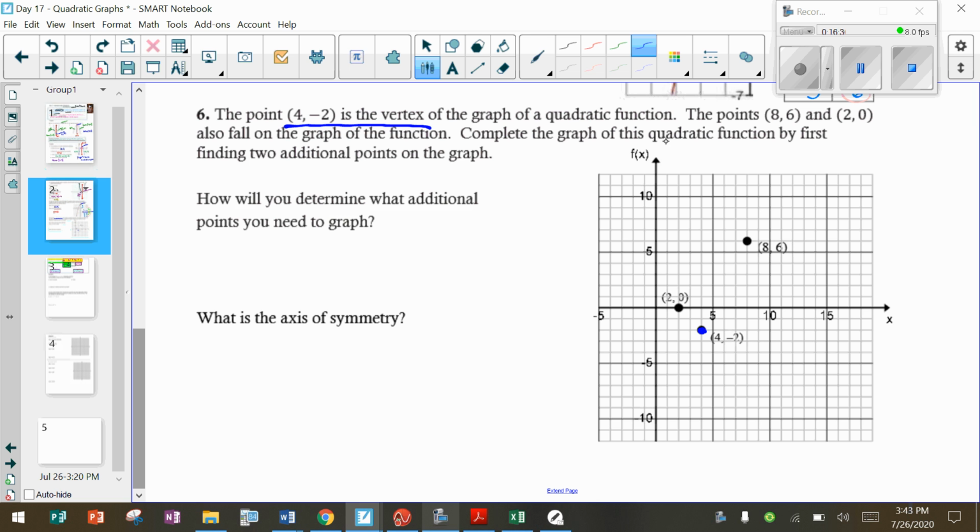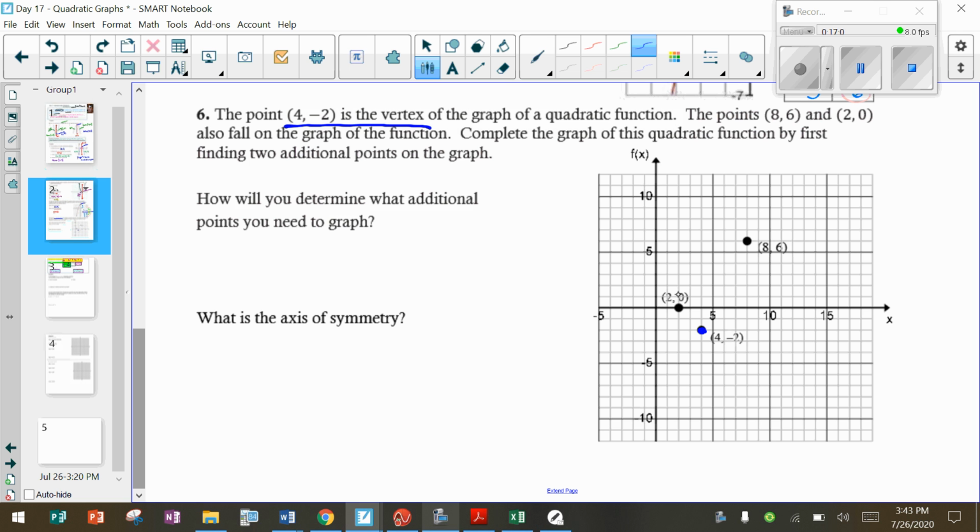And I can tell from the picture that it's going to be a U shape, because our vertex either has to be the very highest point or it has to be the very lowest point. If there are other dots above it, that means it's going to be the lowest or a minimum. The points 8, 6, and 2, 0 also fall on the graph of this function. Complete the graph of this quadratic function by first finding 2 additional points on the graph.